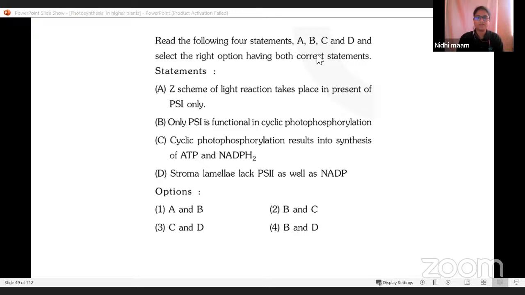Yes, Pavitra, Madan Nayak answered it. Okay, fine.